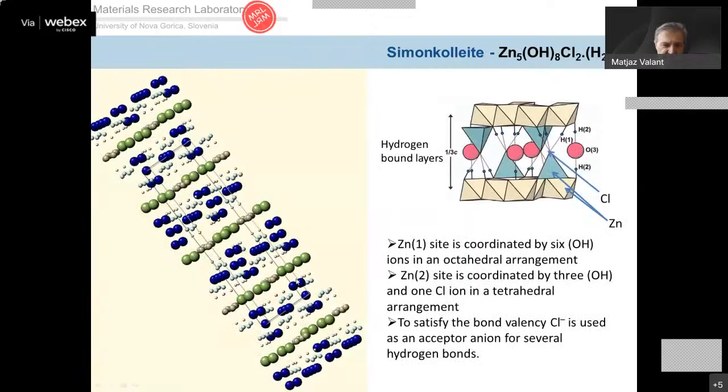So this is the crystal structure. It contains zinc and also other kinds of ions, hydroxy, chloride, and some water molecules, like it's shown here. So we have layers of zinc, and in between all these different little ions.